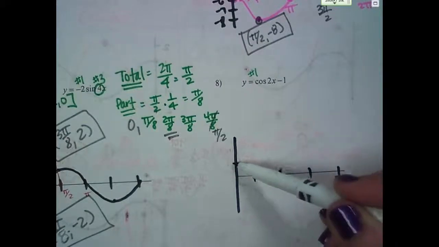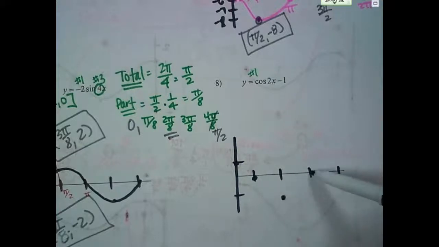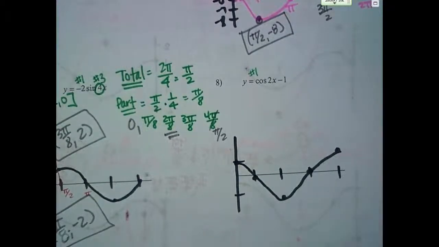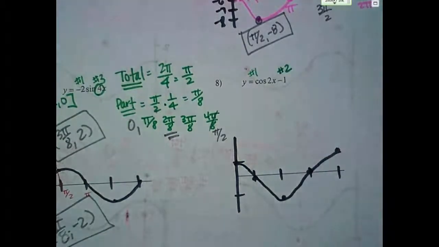Your cosine graph. Cosine is the U. I didn't change the amplitude. So go to step 2. What's step 2? Move it what? Good. Down 1.